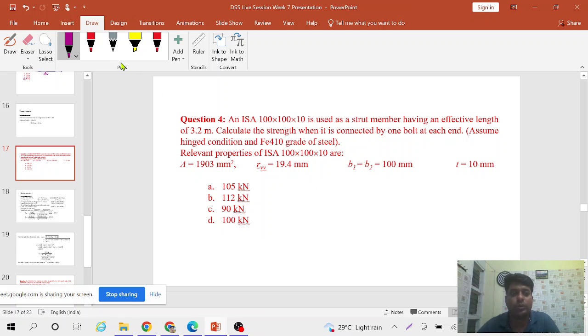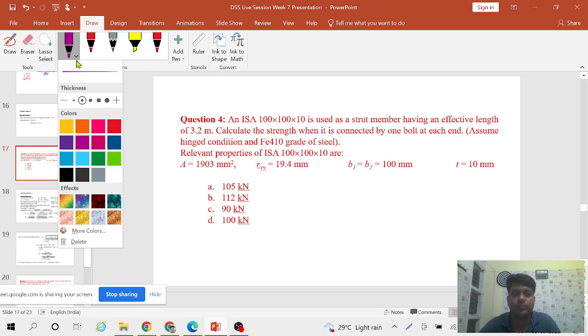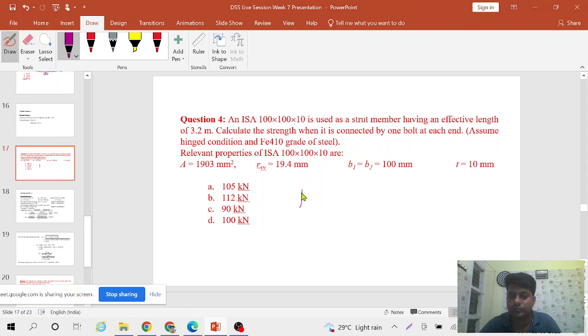So basically you have to calculate the value of P. Strength is equal to stress into area. So for a compression member we report it as the value of fcd into area. Area has been given here in the question.